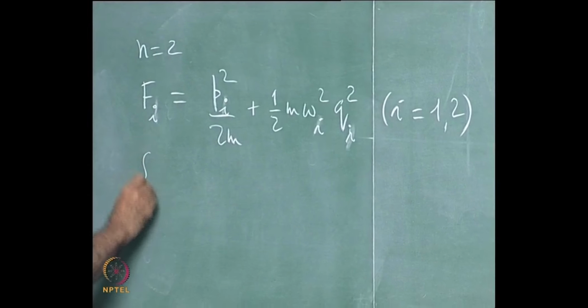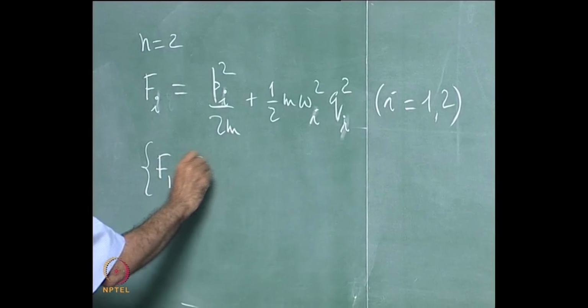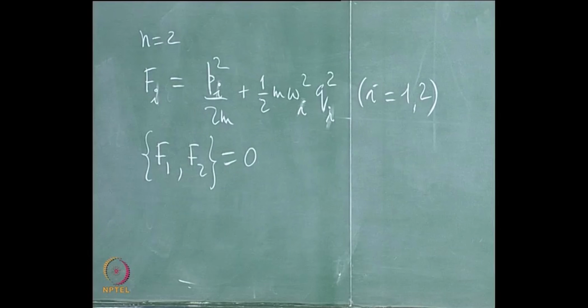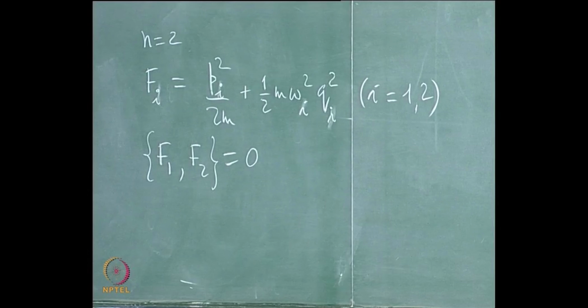We are guaranteed that f1 comma f2 is 0. Hence the system is integrable completely. Now we ask, what other constants of the motion could this system have?